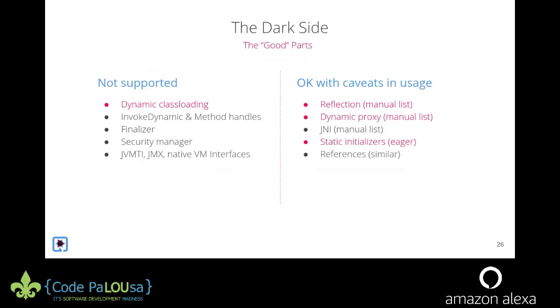You can use things like dynamic proxies, again, manual. There's some JNI stuff that's manual. There are some static initializers. There are some things that you can use moving forward. But yeah, I see the ouch, Richard. I get it. But again, there are some trade-offs that have to be made in order to get those fast startup times and size. So we get it. It's not going to be perfect for every use case, and we understand that.